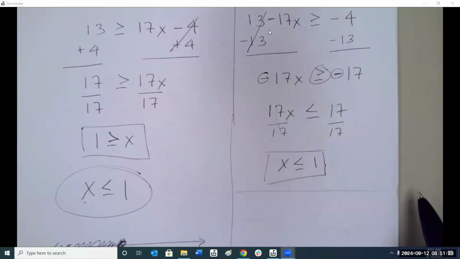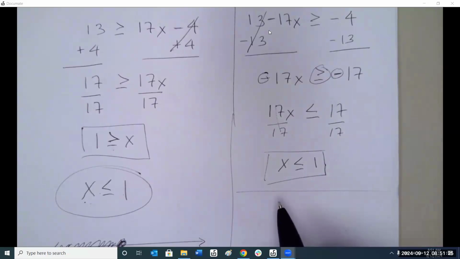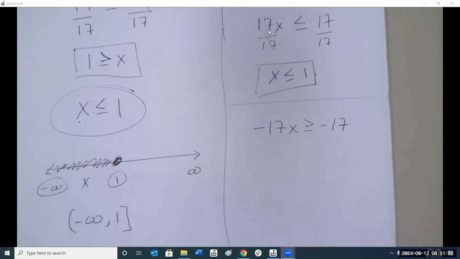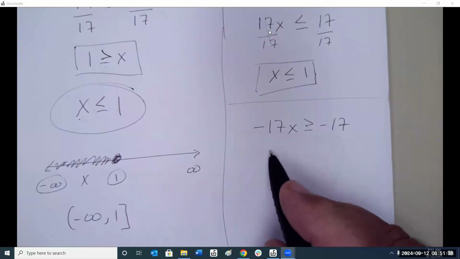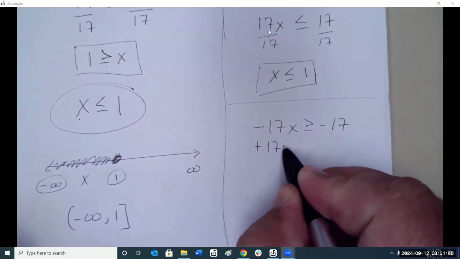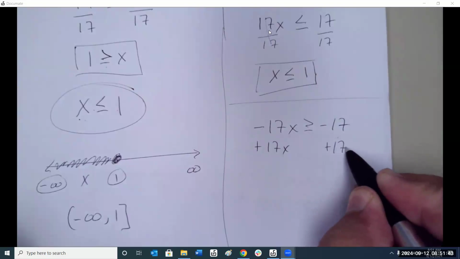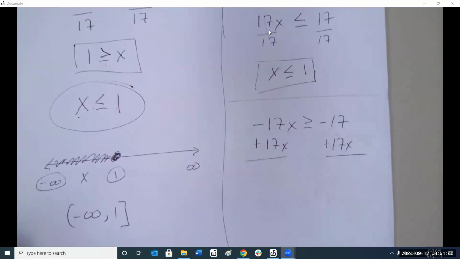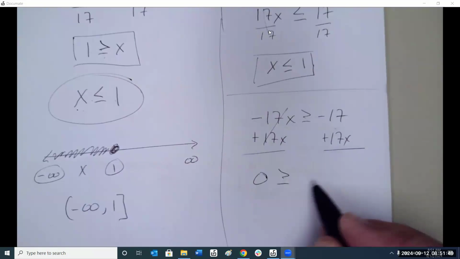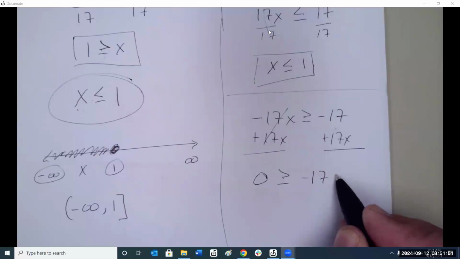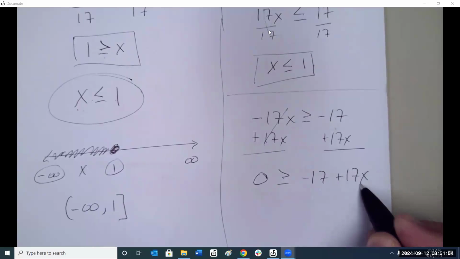And here's the reason why. It is a shortcut. So if we had negative 17x is greater than or equal to negative 17, algebraically, if we were moving things around, we have a negative 17. So if we add 17x to both sides, negative 17 plus 17 gives us 0. We have negative 17 plus 17x.